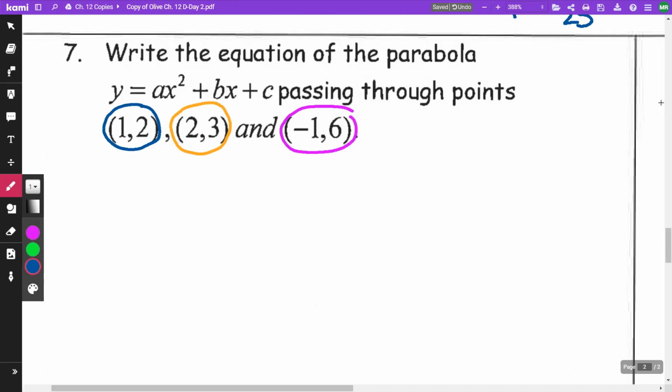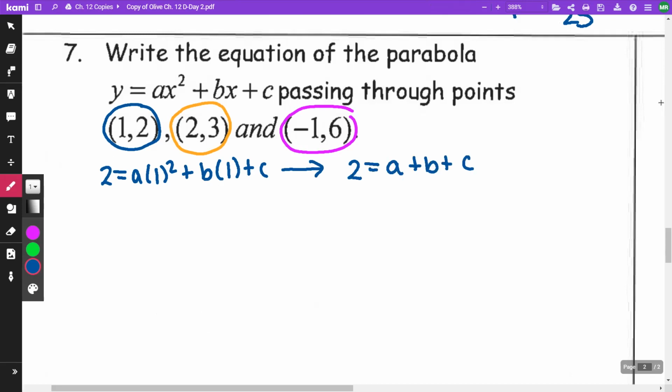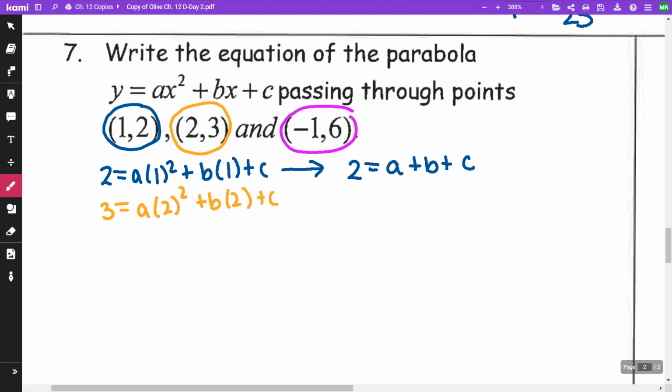For the first one, I get 2 is equal to a times 1 squared plus b times 1 plus c, which cleans up to 2 is equal to a plus b plus c. Then my next one, 3 is equal to a times 2 squared plus b times 2 plus c. That gives me 3 is equal to 4a plus 2b plus c.